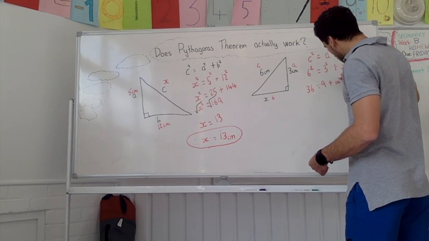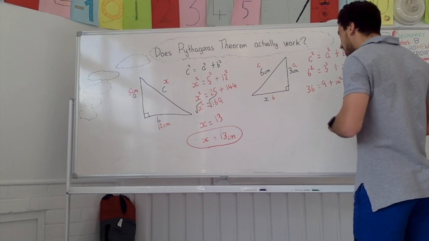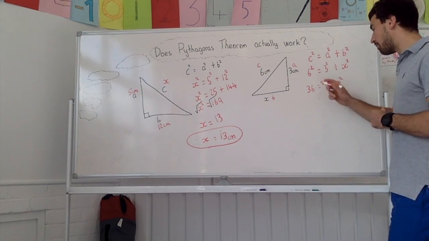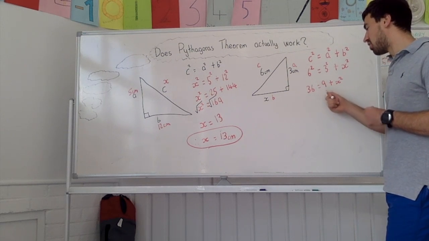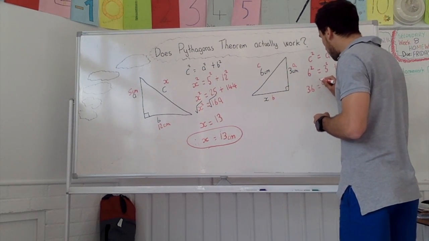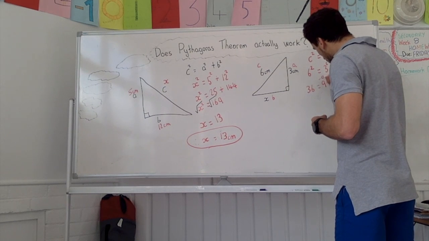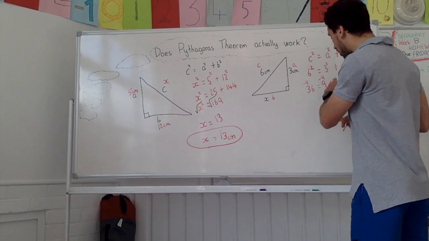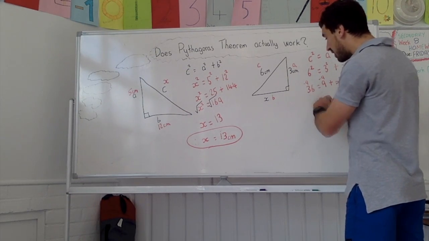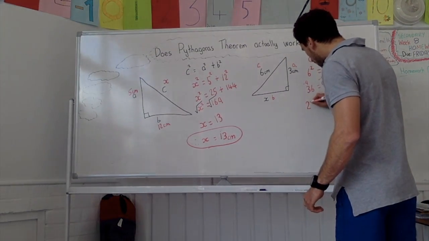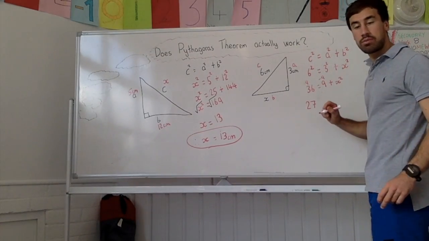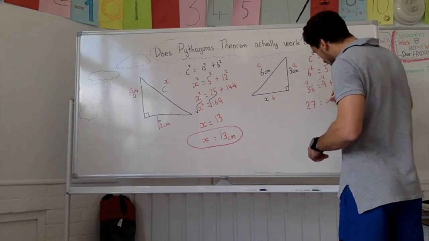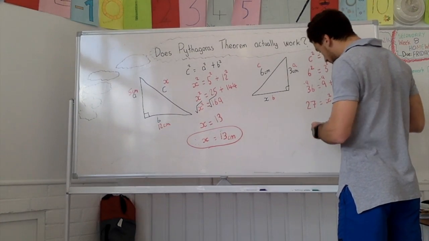Fantastic. And now what we want to do is get this x by itself. So we've got a positive 9 over here. So if we take 9 away from this side, we need to do it to this side as well. So 36 take away 9, 27 equals x squared.